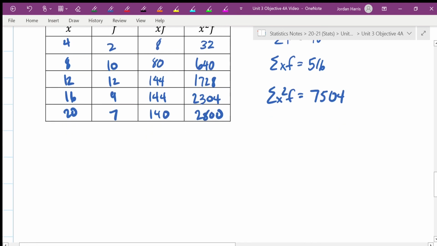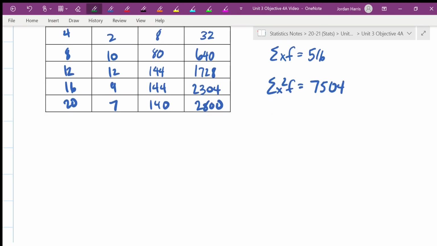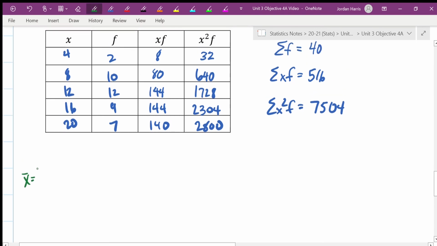Okay, and we use our same formulas. This time it's sample, so make sure you're careful about that. So 516 divided by 40, 12.9 mean. My variance is s squared, because this is a sample.